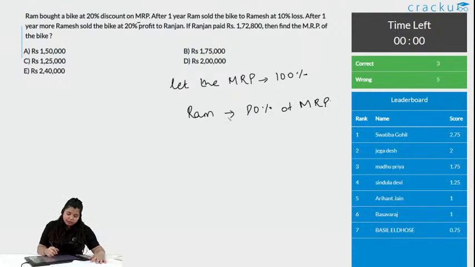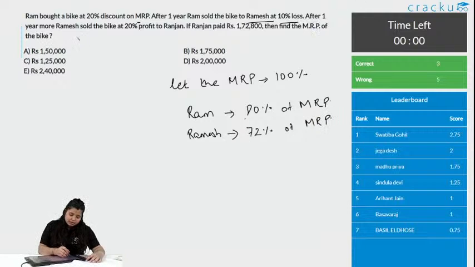Ram bought at 80%. After 1 year, Ram sold the bike to Ramesh at 10% loss. So 10% of 80 is 8, and if it is a 10% loss, then we subtract 80 minus 8. It is 72% of MRP.